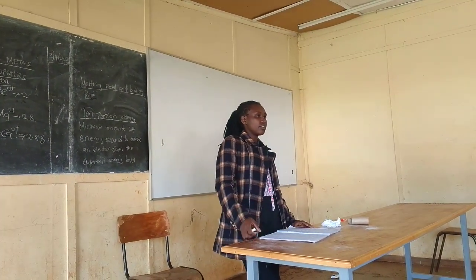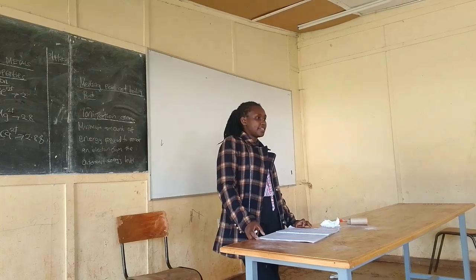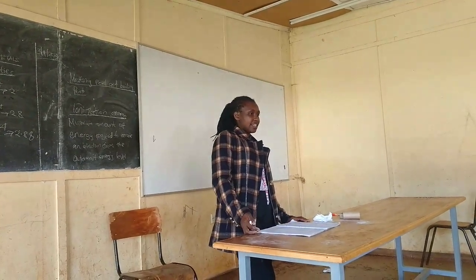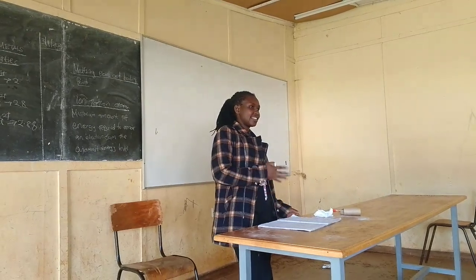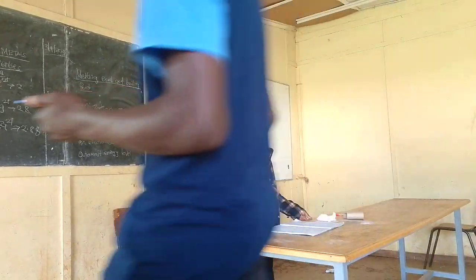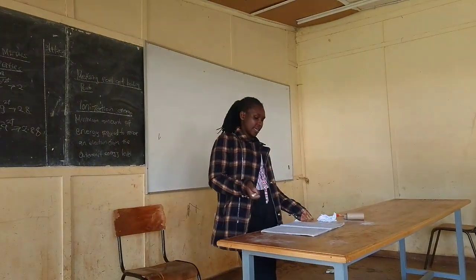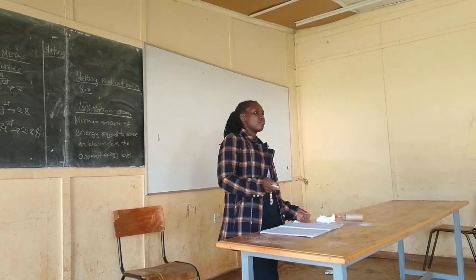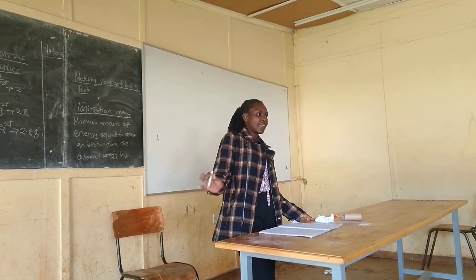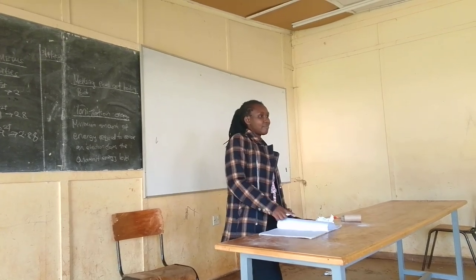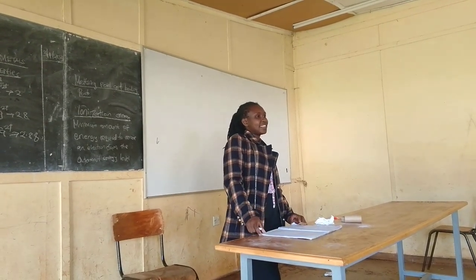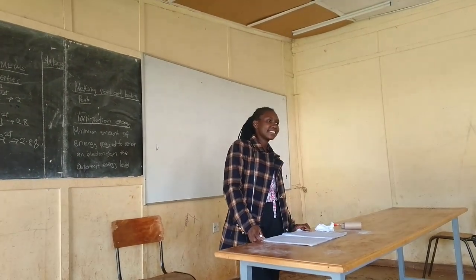Okay, in conclusion of today's lesson, I think you have gotten the trend in atomic size, the trend in ionization energy, and the trend in melting point and boiling point in alkaline earth metals. And what's the trend in atomic size? The trend in atomic size.